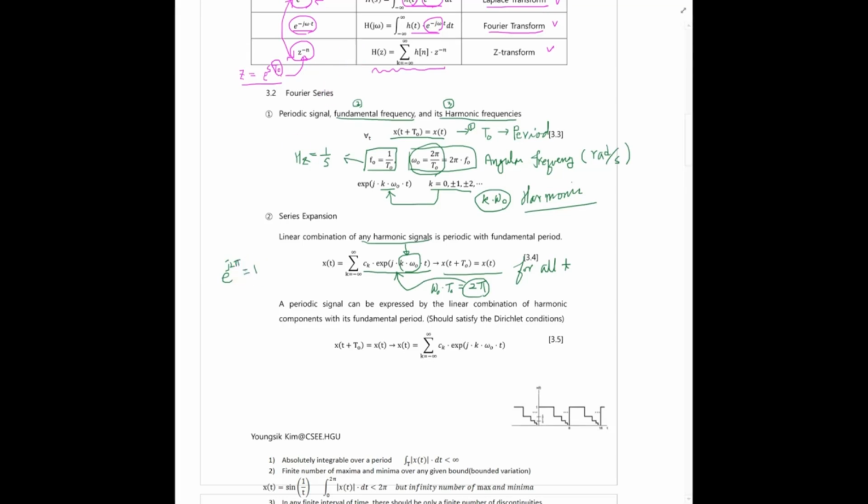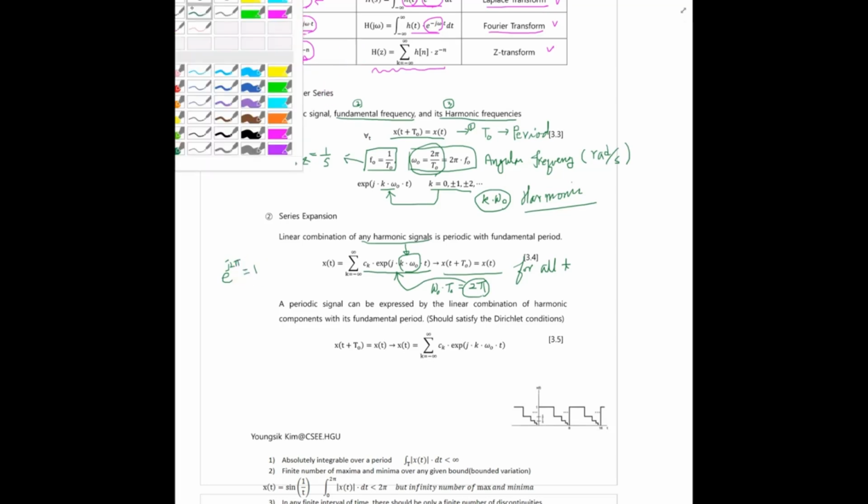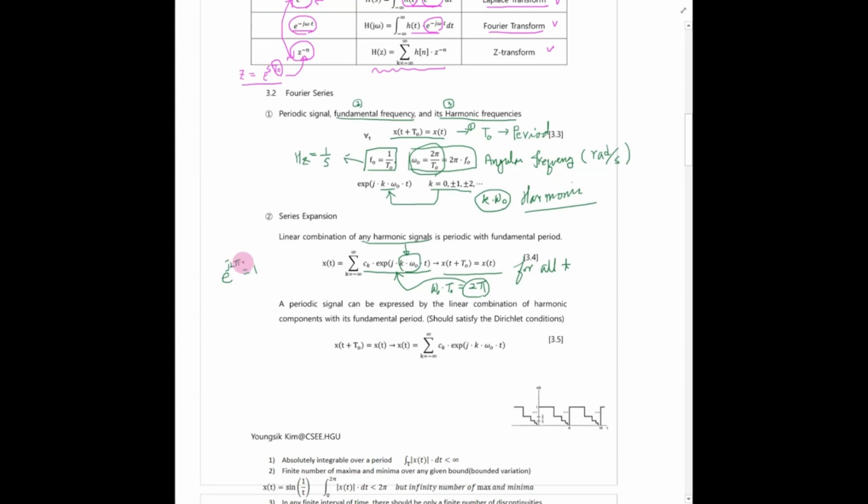So any k multiple of that is 1 to the k, which is the same as 1. So if x(t) can be expressed as a sum of harmonic signals, then the signal is periodic.